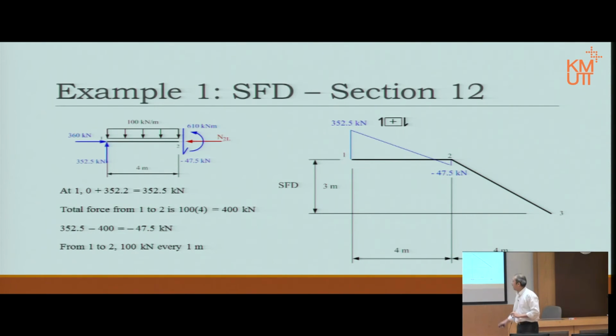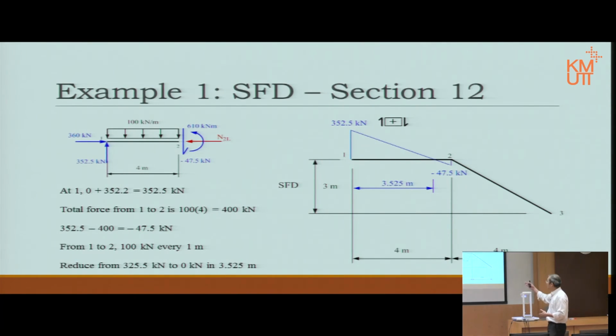It cuts 0 there, right? But we already know in 1 meter it changes 100. So it changes from 300 something to 0. Then it has to happen within that 3.5 to 5 meter.